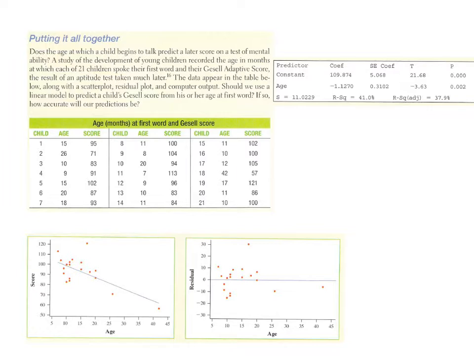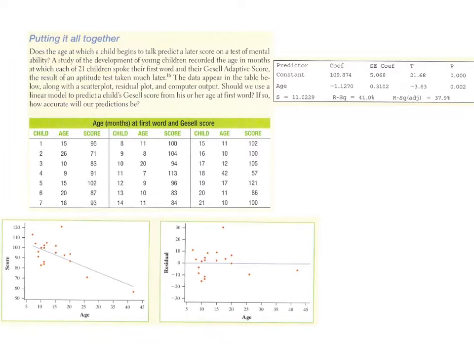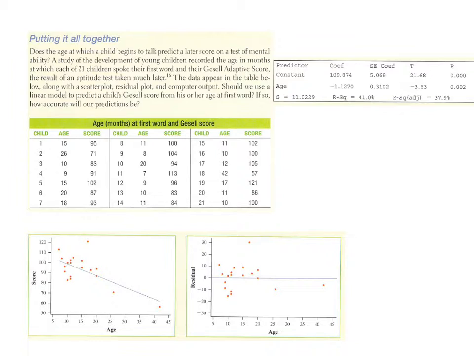Looking at my scatter plot here, I've got a moderately strong negative linear association. There are a couple of potential outliers, like this person way out there, who is kind of way away from everybody. The residual plot doesn't seem to have any particular pattern.